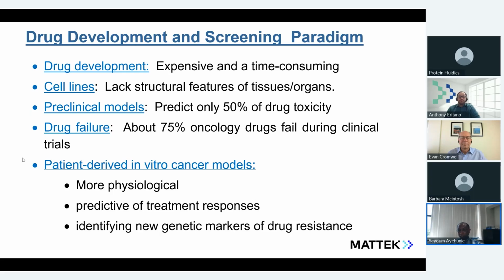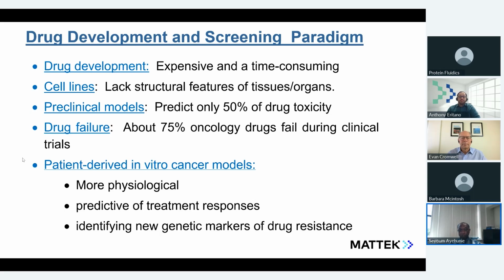Particularly for oncology drugs, about 75% of the drugs fail during clinical trials. So the current system has drawbacks and shortcomings, and is not predicting human responses.